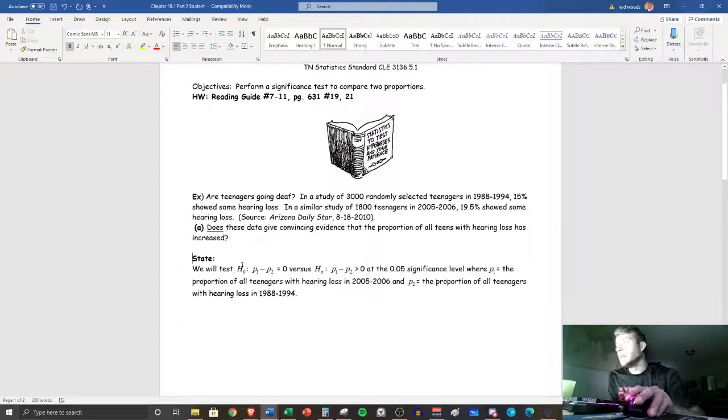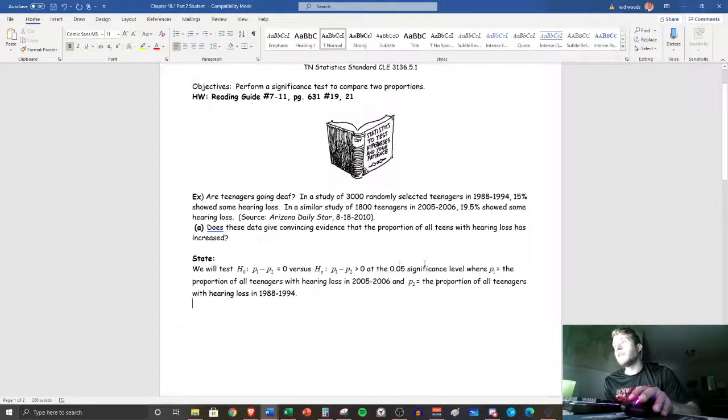We'll test H0. So here, the first one is saying, okay, there's no difference at all. The difference would be 0, so no change. And then the alternate is saying, okay, we want to show that the loss has increased. So this difference has increased, okay?